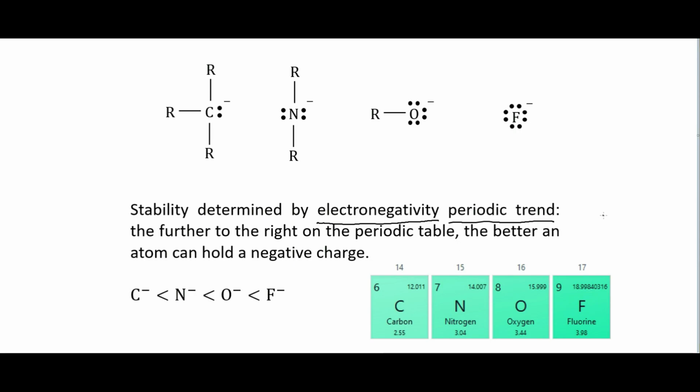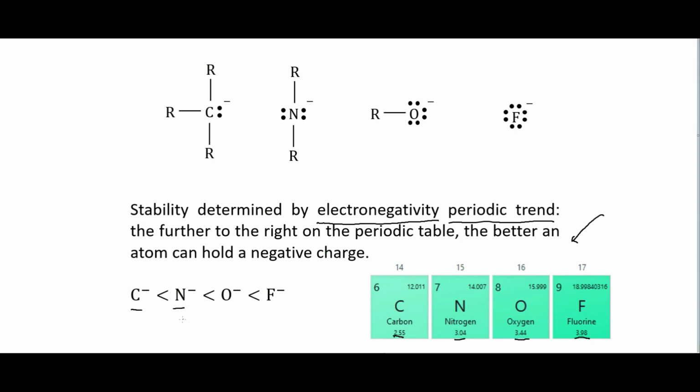And so I have this here, which shows these electronegativity ratings on here. So carbon is 2.55, nitrogen is 3.04, oxygen is 3.44, fluorine, just for comparative purposes, is 3.98. And so the carbon is going to be the least stable with a negative charge.